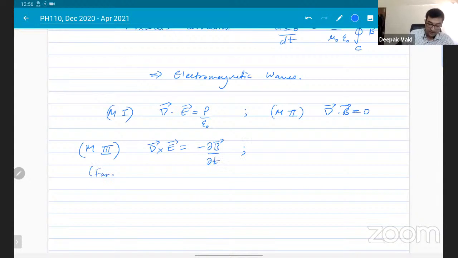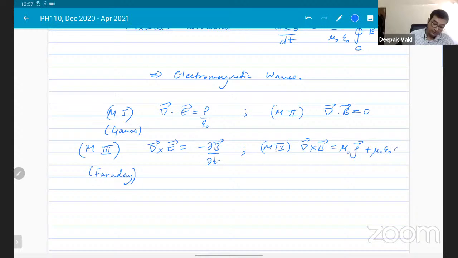This is also known as Faraday. M1 is also known as Gauss. And then M4, curl of B is equal to mu naught J plus mu naught epsilon naught dE by dt. This is known as Ampere. This part is due to Maxwell.